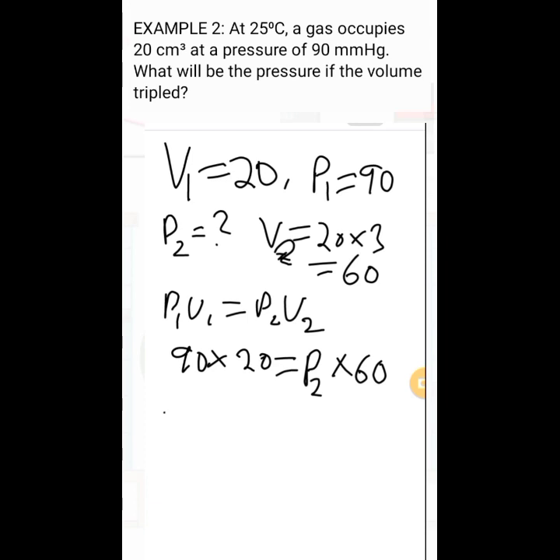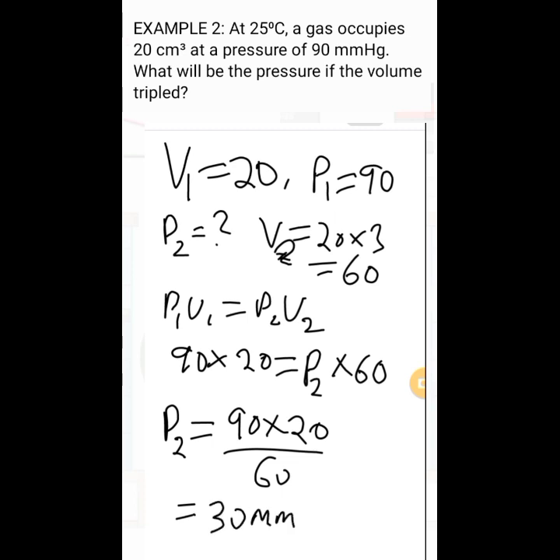So when you make your P2 the subject of formula, we have 90 multiplied by 20 divided by 60, and that will give us 30 millimeter height of mercury.